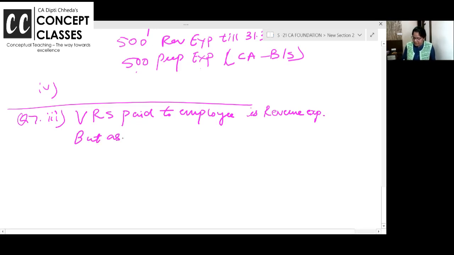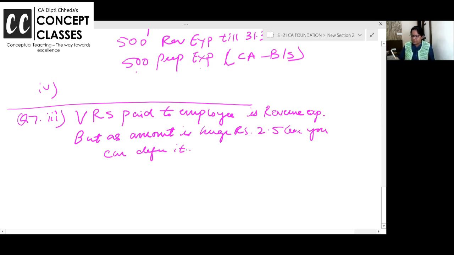But as the amount is huge, rupees 2.5 crore, you can defer it. Generally VRS and all such expenses are deferred only.